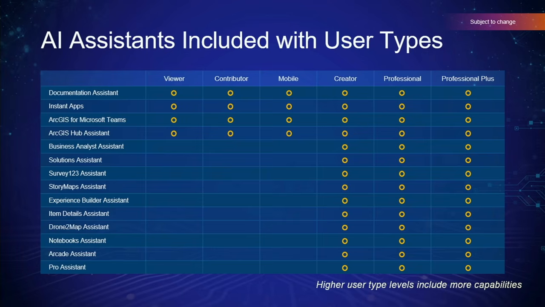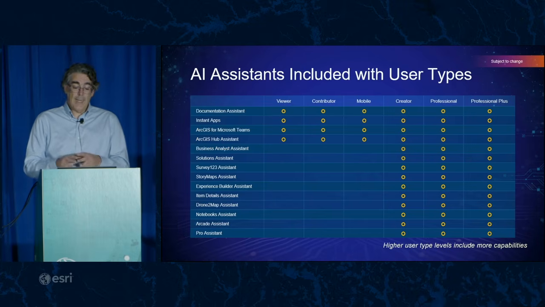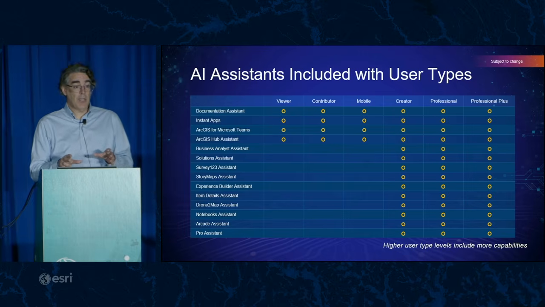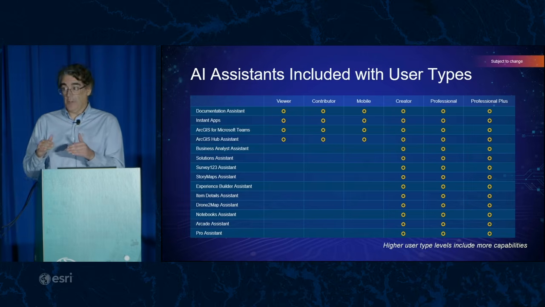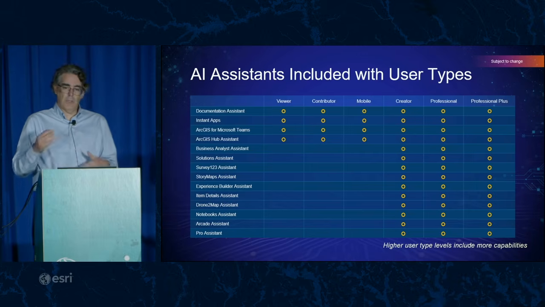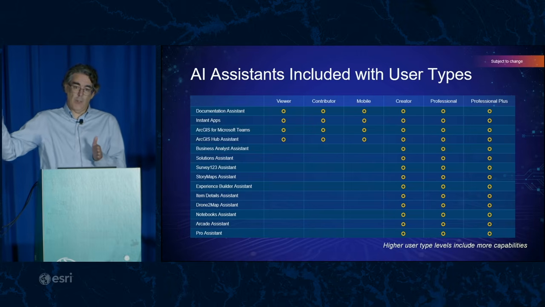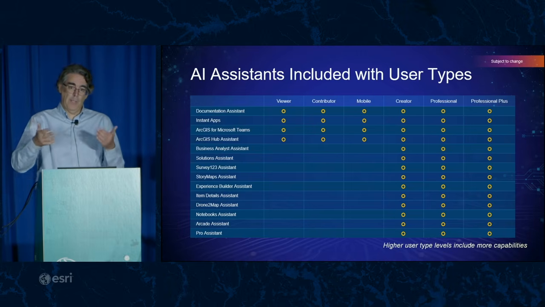So if you have a user type, you are going to have the assistants included. Now, naturally, if you have a higher level user type, like professional or professional plus, the assistants are going to have more capabilities. Like it is a standard in the industry, we are going to have quotas, usage quotas, okay? So if you plan to use the assistants absolutely all the time, the way to go is to upgrade to higher level user types where the quota will be bigger.